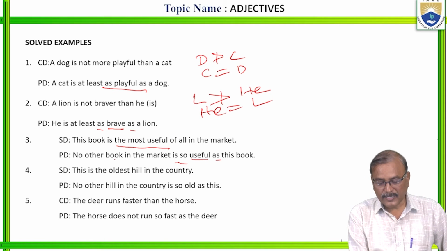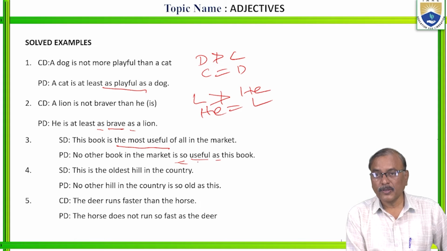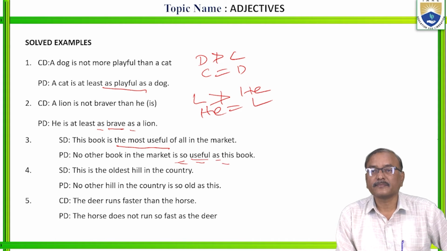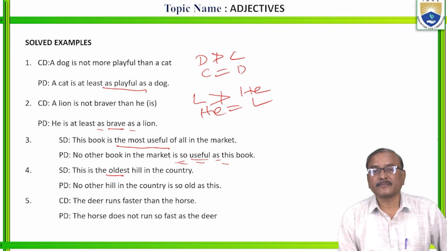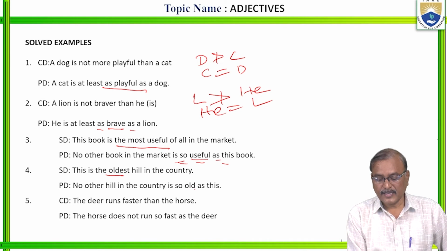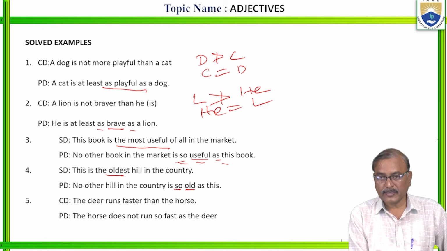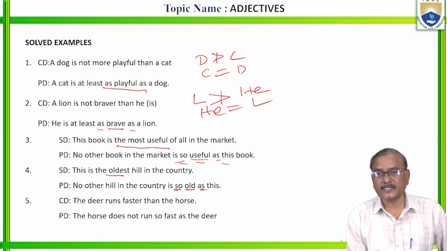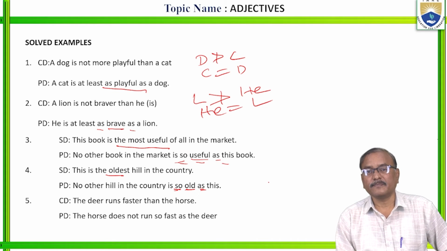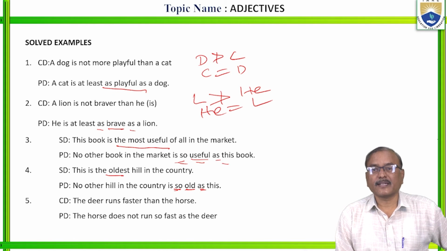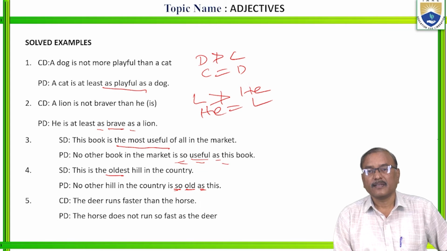So when there is no other book here, you use so useful as. This is the oldest hill in the country. It means no other hill in the country is so old. Before old keep so, after old keep as. In the negative sentence, we have to keep it like this: no other hill in the country is so old as this.